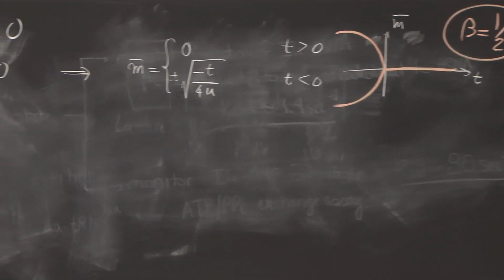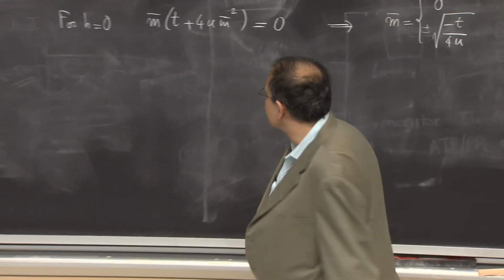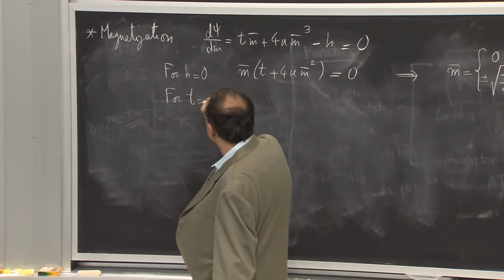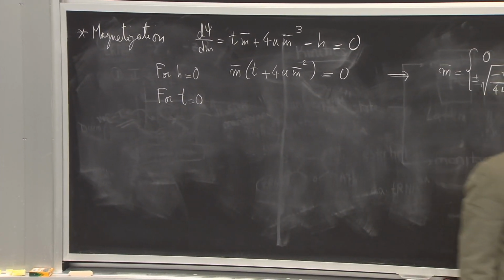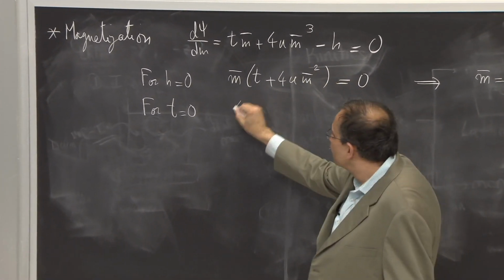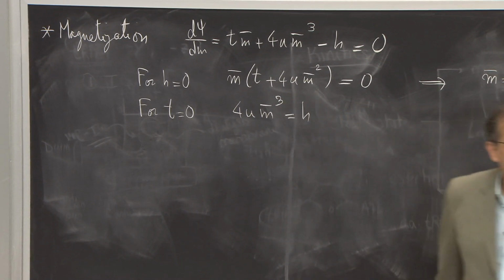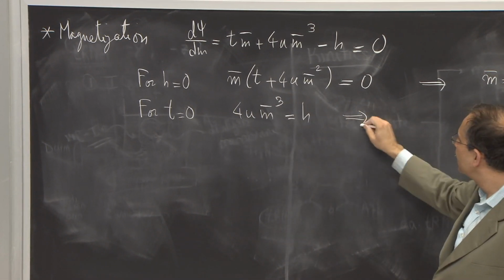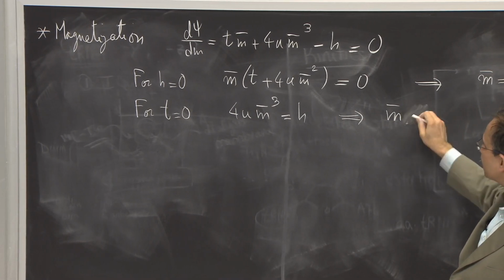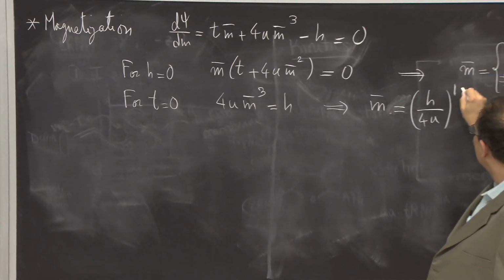Now what about the shape of this green curve, the isotherm that you have at t equals to tc? Well, t equals to tc in our language corresponds to small t equals to 0, which means that I have to look at the equation 4u m bar cubed equal to h, or m bar is proportional to, well, let's write it exactly, h over 4u to the power of 1/3.